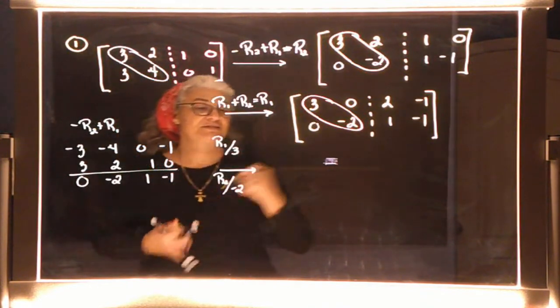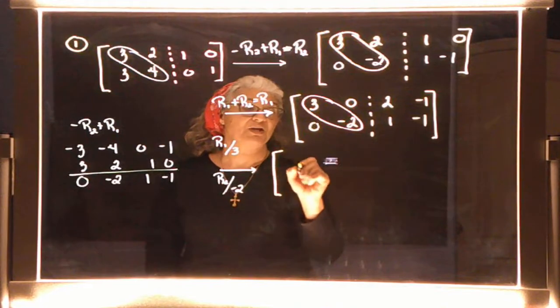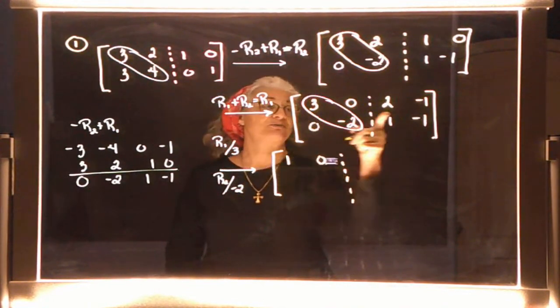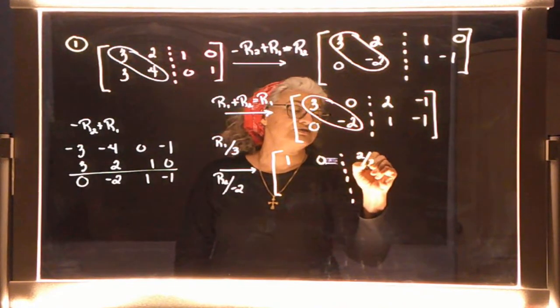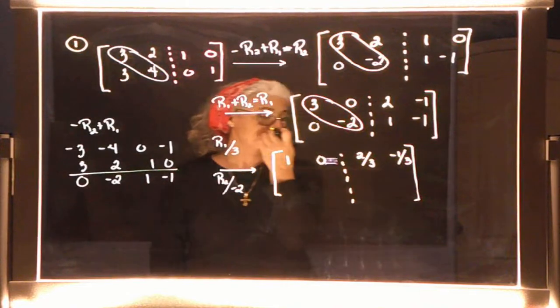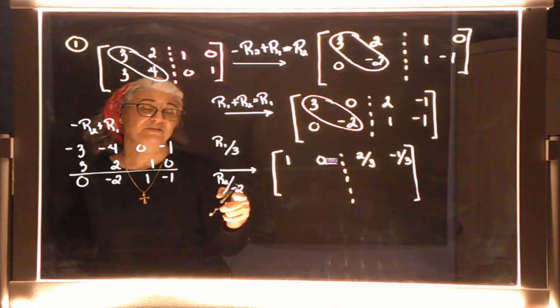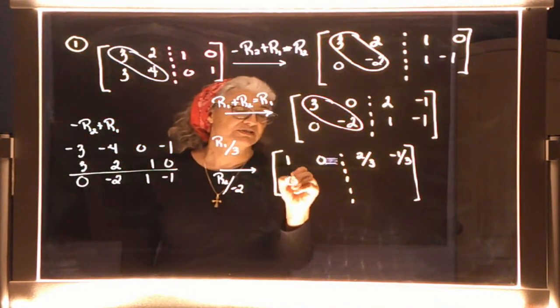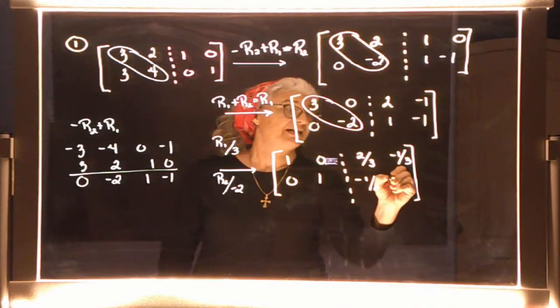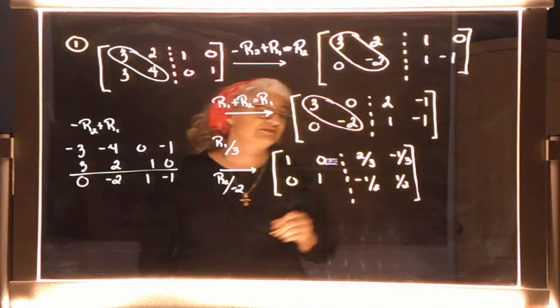All right, so let's see what we get. 1, 0. Remember, I'm dividing by 3, so this is 2/3. This is negative 1/3. The second row is being divided by a negative 2, so 0, 1, negative 1/2, and a positive 1/2.